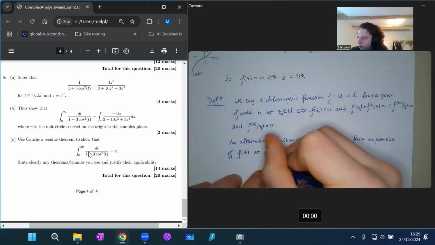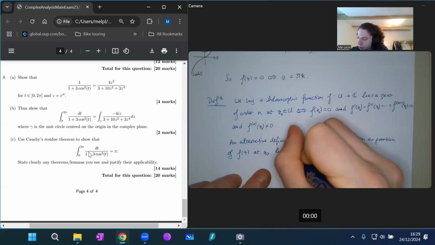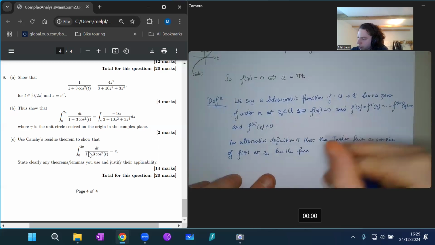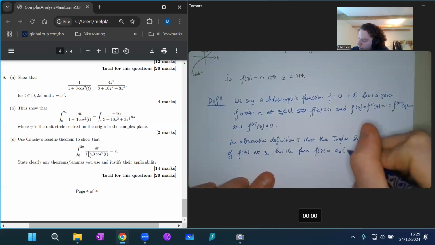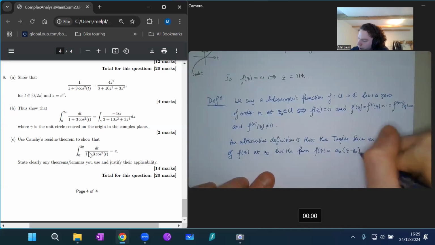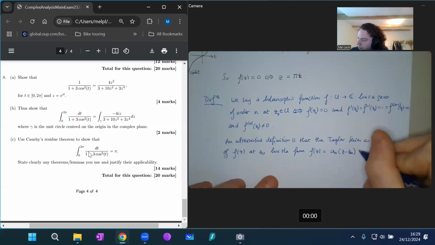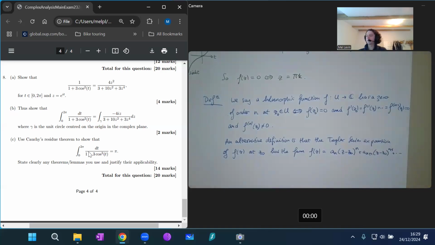At z naught it has the form where it starts off with a term of order n. So that's equivalent to these conditions.